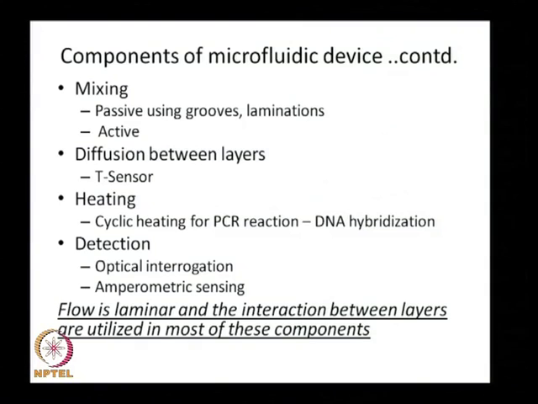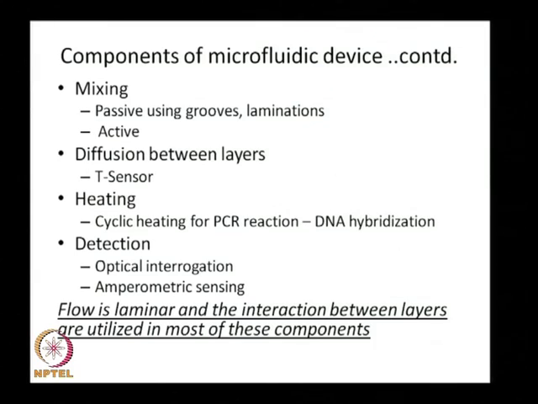So, these are some of the elements that we have, and in the next class I will discuss one by one how these elements can be arranged inside the chip. One thing you must remember here, that the flow is laminar and the interaction between layers is utilized in most of these components.